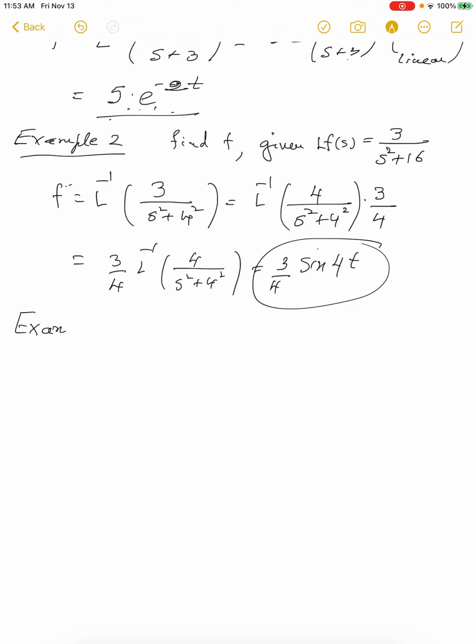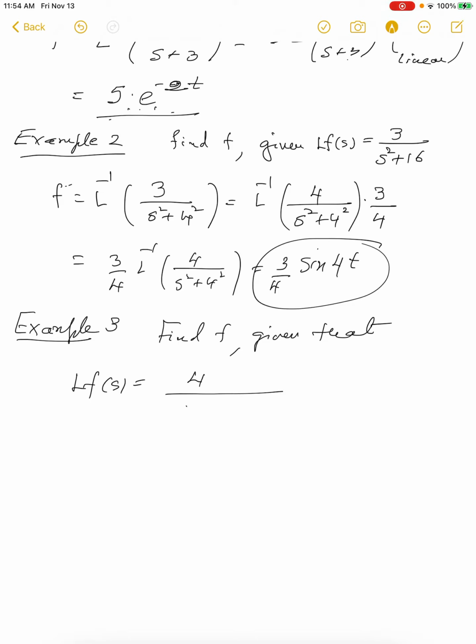Now we can add a trick of partial fractions to this. So let's do that problem. Find f given that L(f)(s) is 4 over s plus 1 times s plus 2.